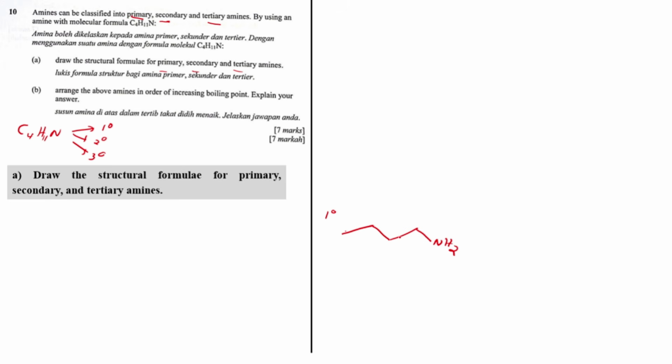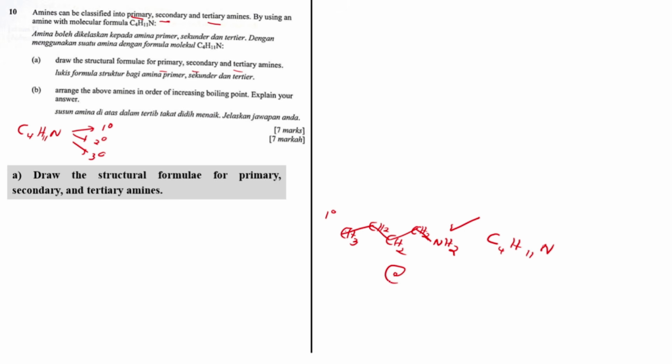If you want to check back, you're going to have CH3, CH2, CH2, and then CH2 here. So you're going to have C4H11N, and you know that your structure here is correct for the primary amine. So this can be one of the examples.